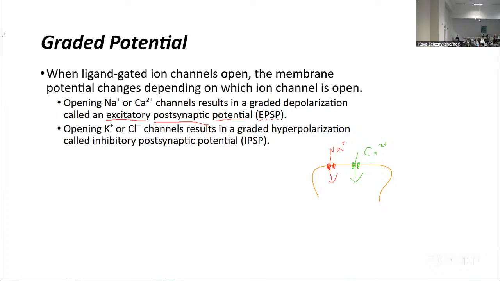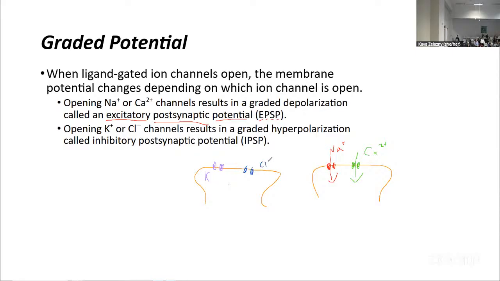Okay. On the other hand, depolarizations aren't our only possibility. We could have a postsynaptic neuron where what we open is a potassium channel or a chloride channel. Chloride is going to be a little complicated.